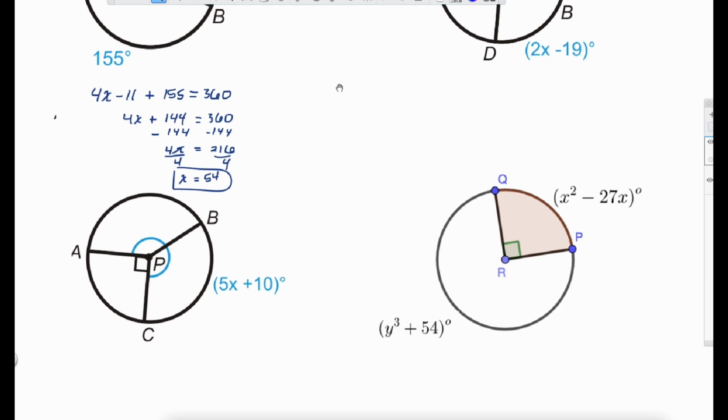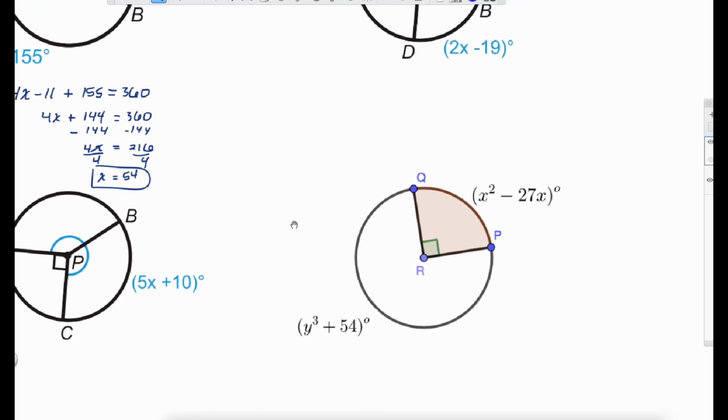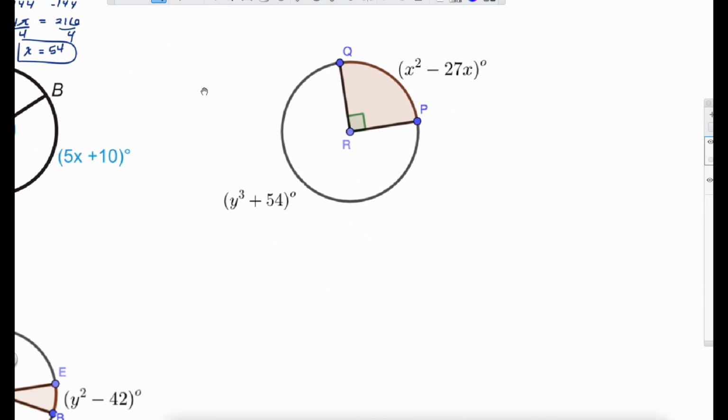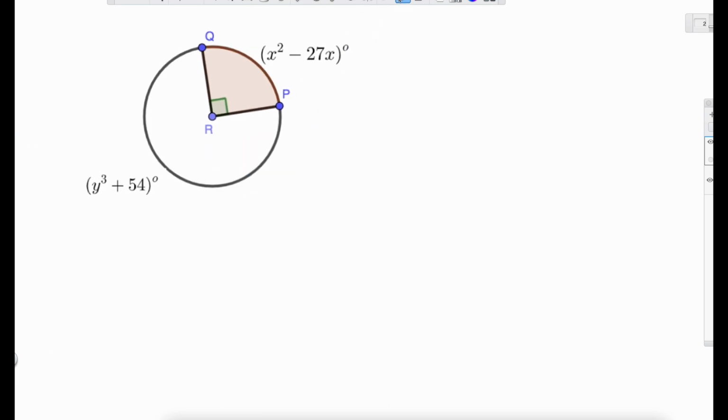Let's try this one here. This angle's measure is y cubed plus 54, and this measure is x squared minus 27x.